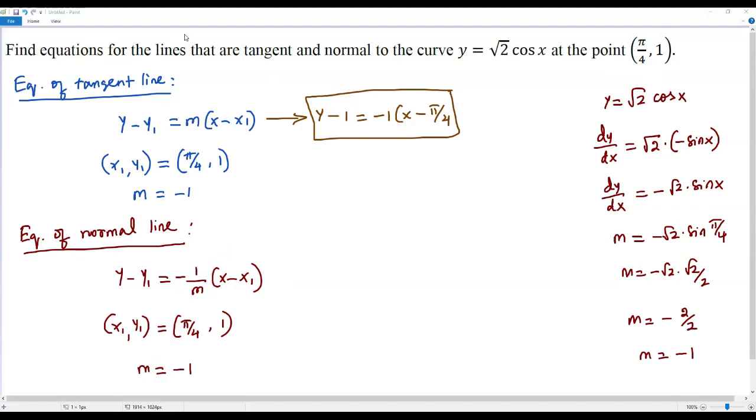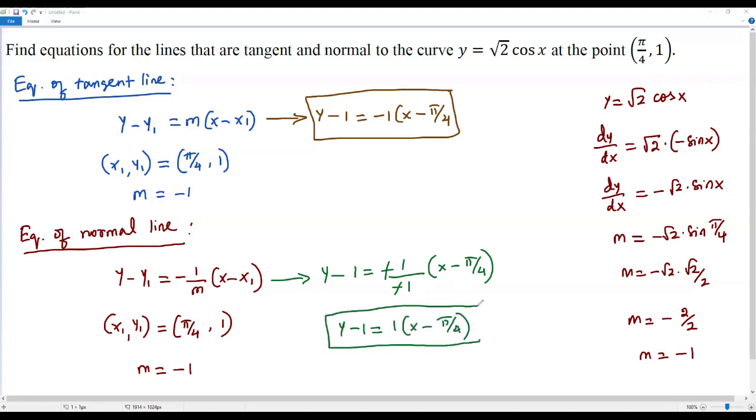Now I plug in the results: y minus 1 for y1, and negative 1 over the value of m, which is negative 1, times x minus pi over 4. The negatives cancel, so I get y minus 1 equals 1 times x minus pi over 4. This is the equation of the line normal to the curve y equals square root of 2 times cosine x at the point pi over 4 comma 1.